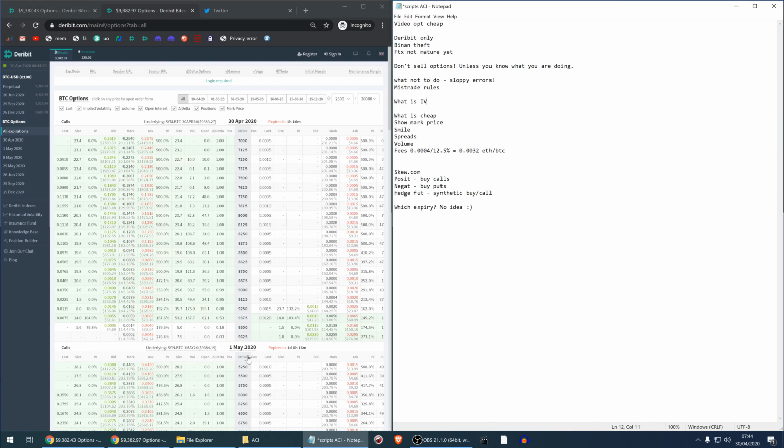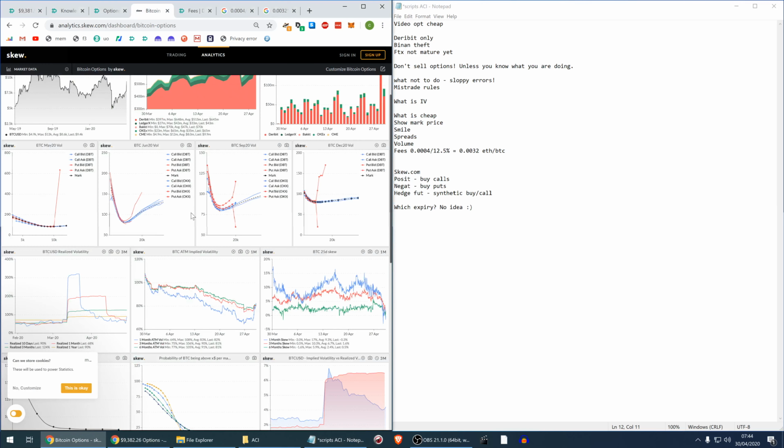So what is implied volatility? A very good place to demonstrate this is Skew, which charts the realized volatility and implied volatility. Realized volatility is the volatility of the asset. Here is the Bitcoin volatility, and implied volatility is how options sellers price the contracts.